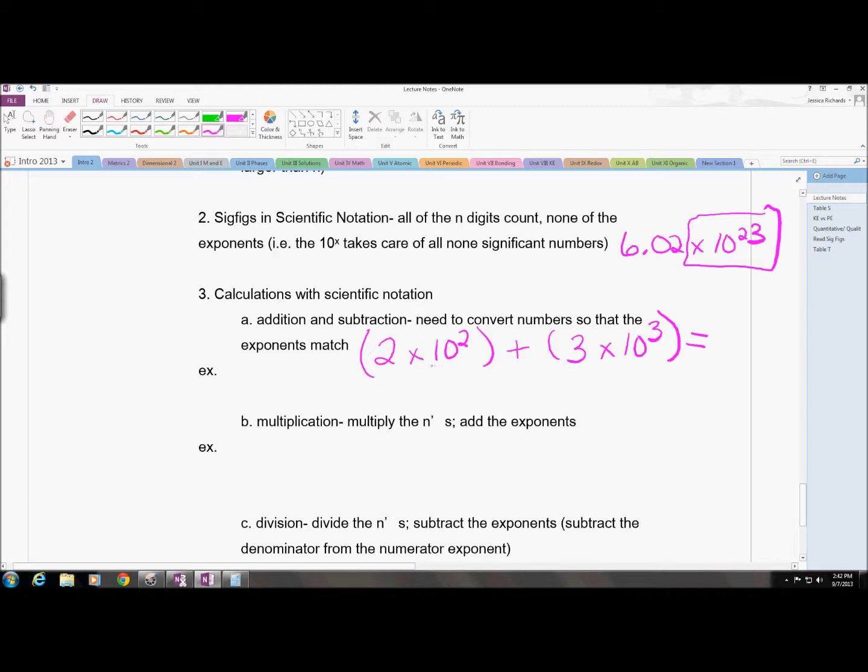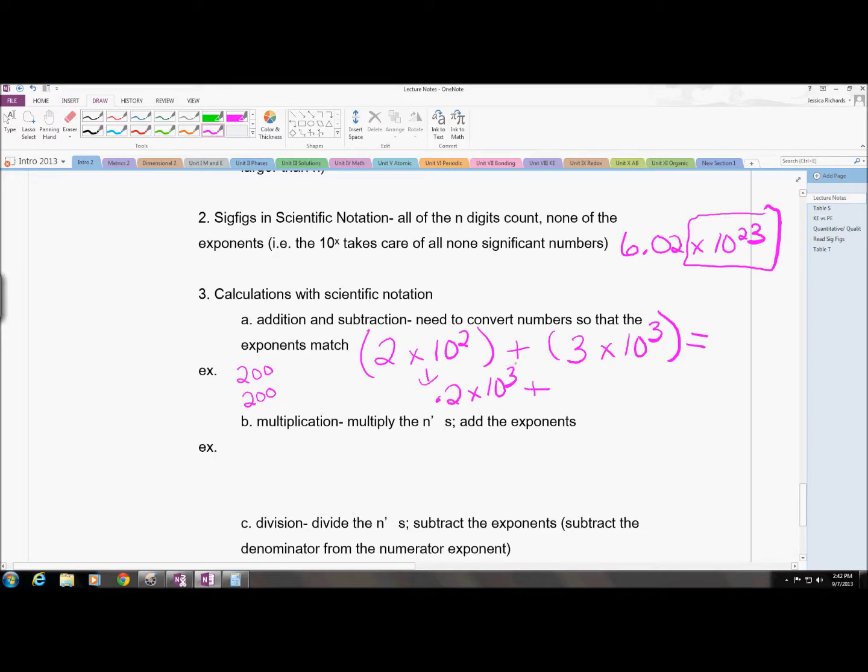So if I convert this to the third, what I have is 0.2 times 10 to the third, because 2 times 10 to the second is going to be 200. 0.2 times 10 to the third is going to be 200. So these are actually the same number.